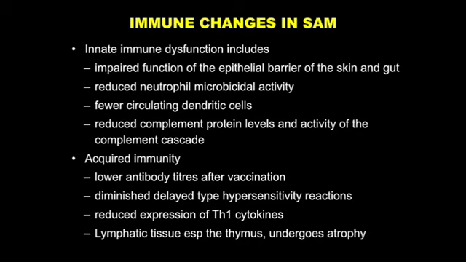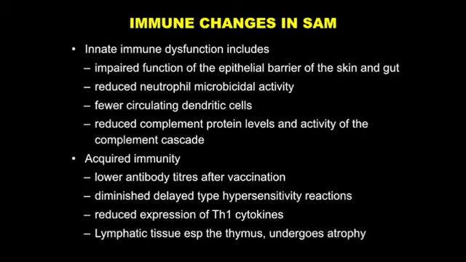Then in acquired, they have low antibodies after vaccination and diminished delayed type hypersensitivity. We know that their PPD, their tuberculin skin test, is impaired, both in malnutrition and in HIV. So malnutrition per se affects the immunity.